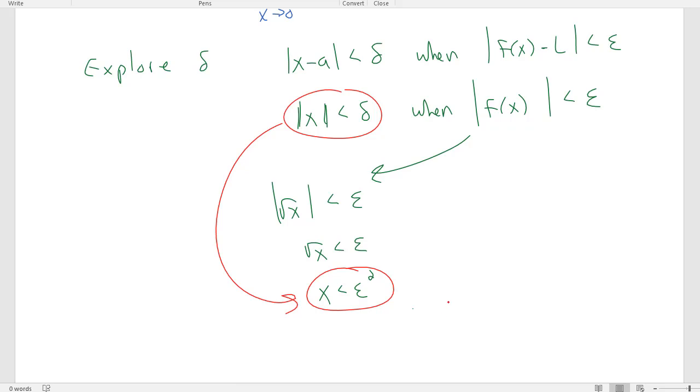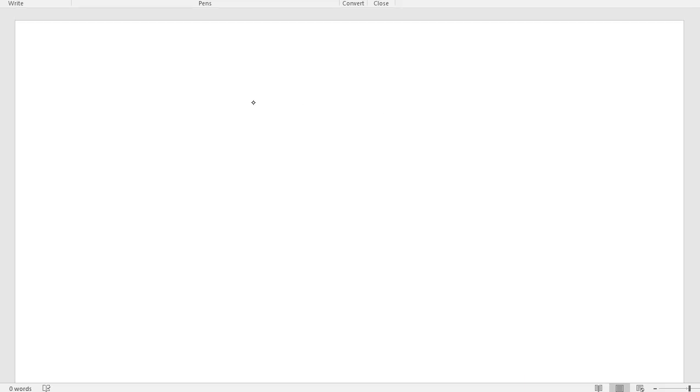So we're going to choose our delta to be epsilon squared in order to make our proof work properly. Now the proof is that we're showing this delta works appropriately.